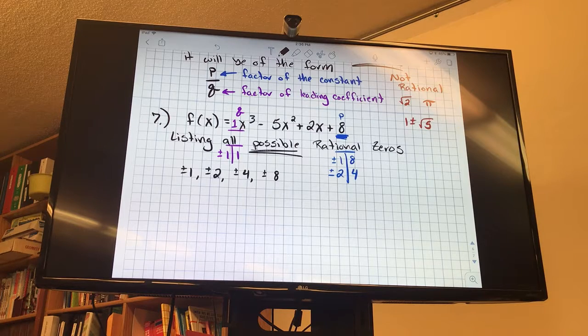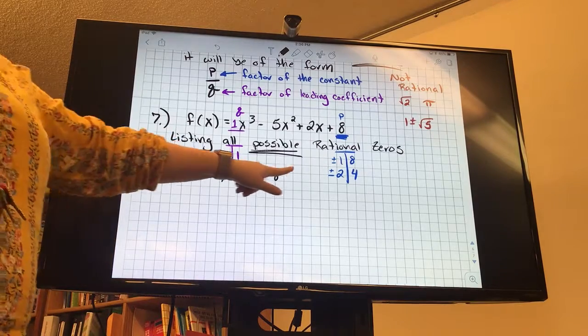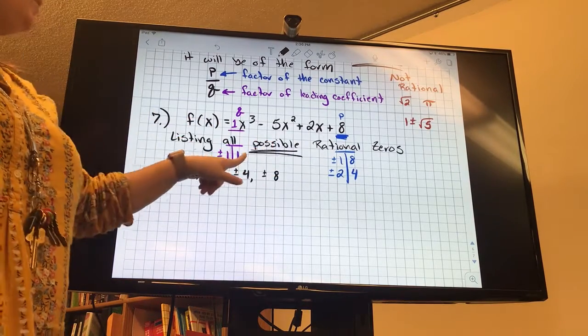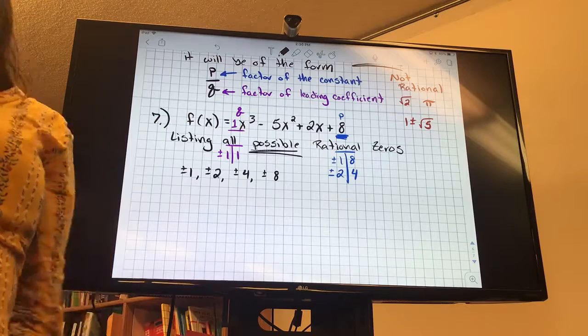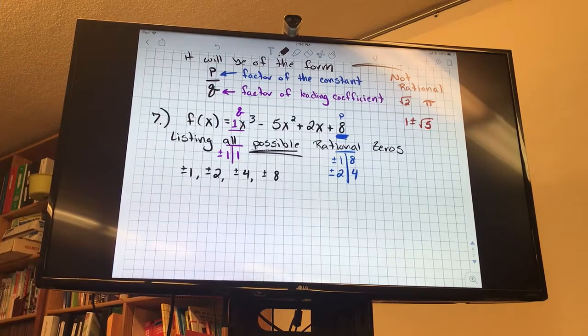We'd have to go p over q. When the q numbers are different, I'd have to take each p over each q. Since q is just 1, there's no point in listing them twice.